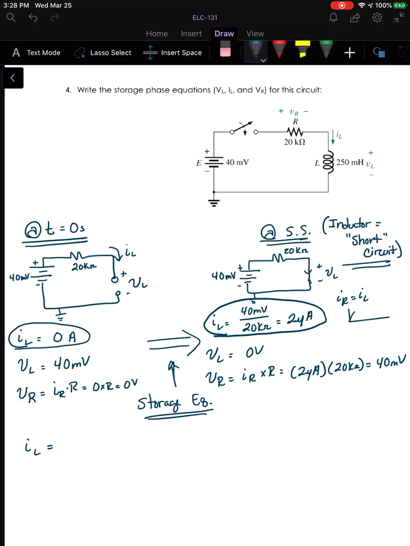Remember, that was this equation, right? Starting at 0, going to a maximum. And that equation looks like 1 minus e to the minus t over tau, and that maximum it's going to is 2 microamps.